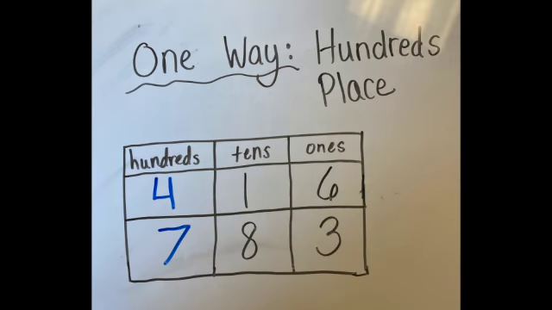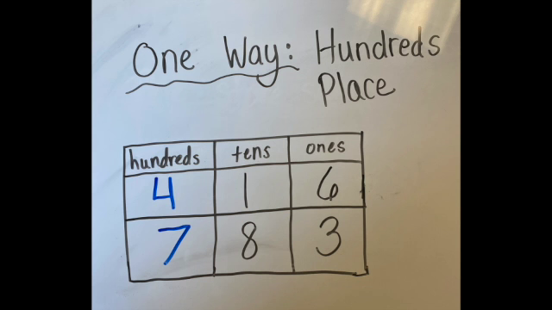So I just put my numbers right in the table, and I made sure that I separated 416 by hundreds, tens, and ones, and the same thing with 783. I made the hundreds place a different color, since I wanted to show you that that's what place value we are focusing on, the hundreds. So I wanted it to look a little bit different than the tens place and the ones place.